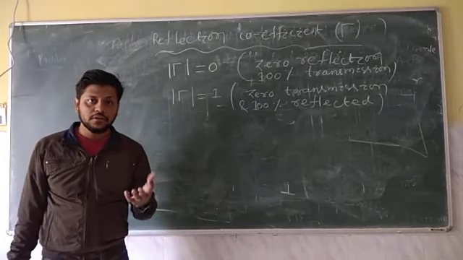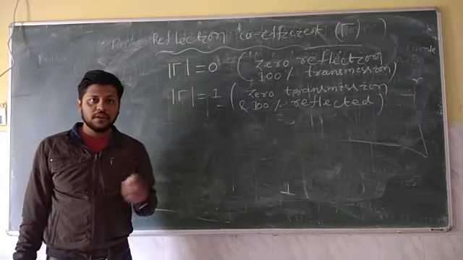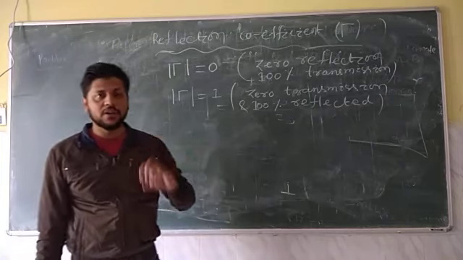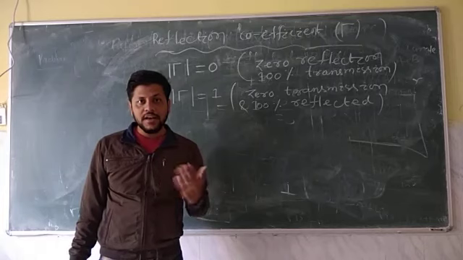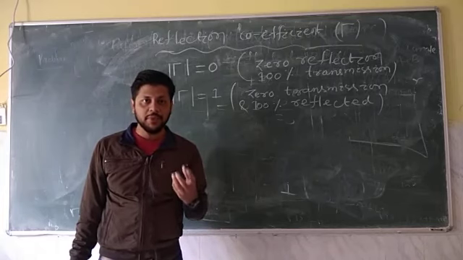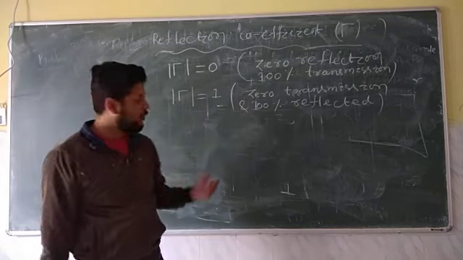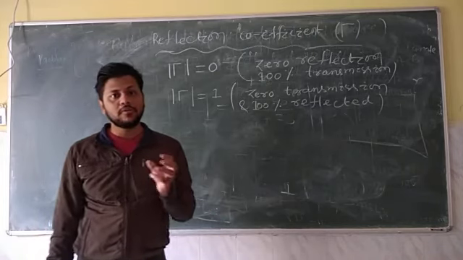So what will be the necessity? If at all we are sending some power from your television antenna to, for example, a satellite, in that case we have a standing wave ratio meter or reflection wave meter. From that meter we will calculate your reflection coefficient.